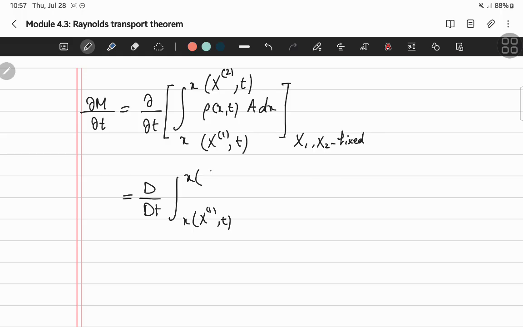Then we also have small x as a function of capital X2 and t, rho of x and t, A dx. Of course, when x1 and x2 are fixed.